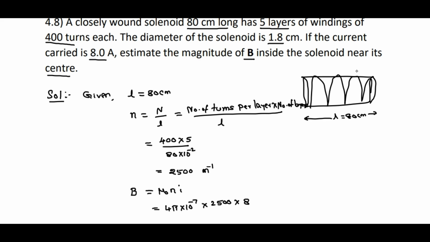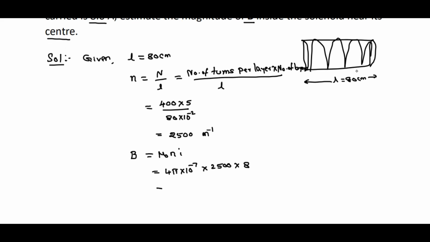So therefore, this value will be 8 pi into 10 power minus 3, that is also equal to 2.5 into 10 power minus 2 Tesla. So this is the magnetic field at the center of the solenoid.